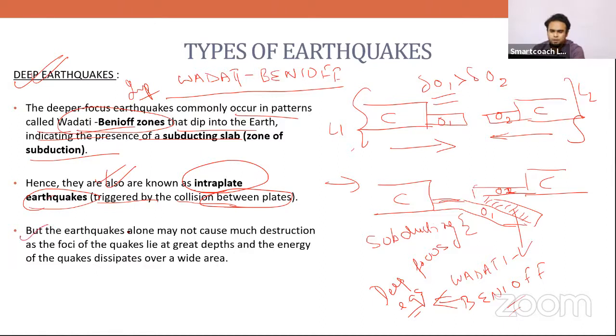But these earthquakes alone may not cause much destruction, as the foci of the quakes lie at a great depth and the energy of the quakes dissipates over a wider area. This means that in the case of deep focus, the focus is at a greater depth, right? So by the time it reaches the surface of the earth, it has already dissipated much of its energy. As a result, its intensity when it reaches the surface can be of little significance. Understood this?